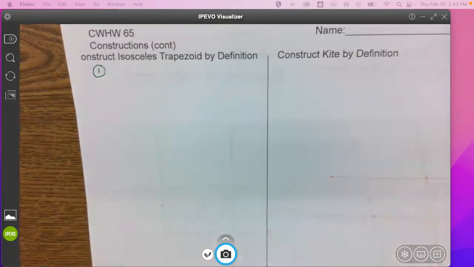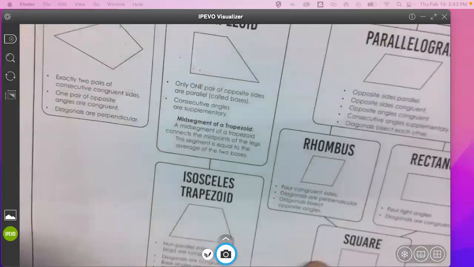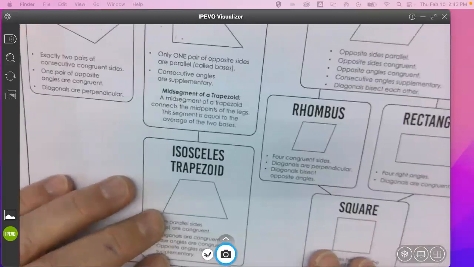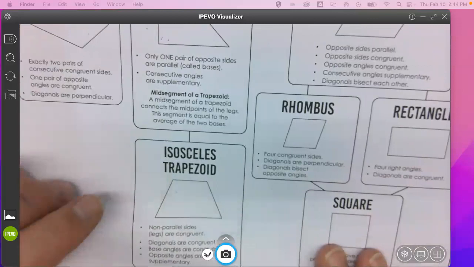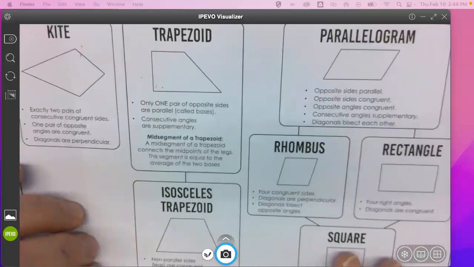By the way, when I ask what these definitions are, is this hard for you to pull out? To find it? Go to the last page in the packet I put in front of you. Right? This is everything. So if you don't know this off the top of your head yet, use this last page.